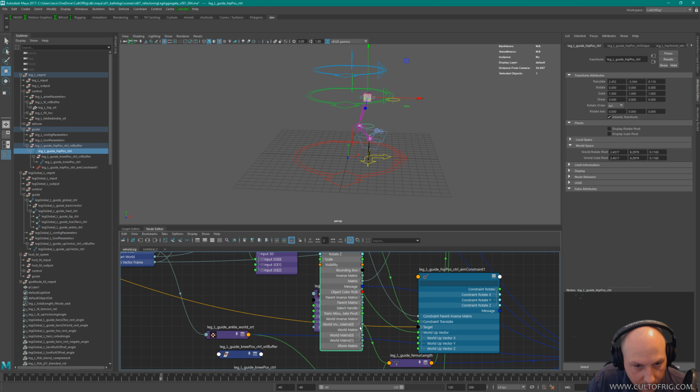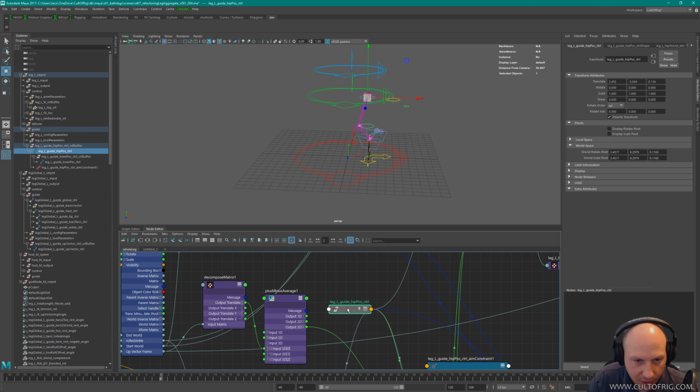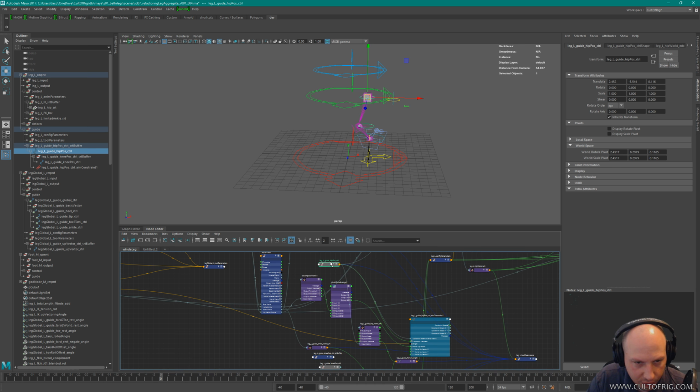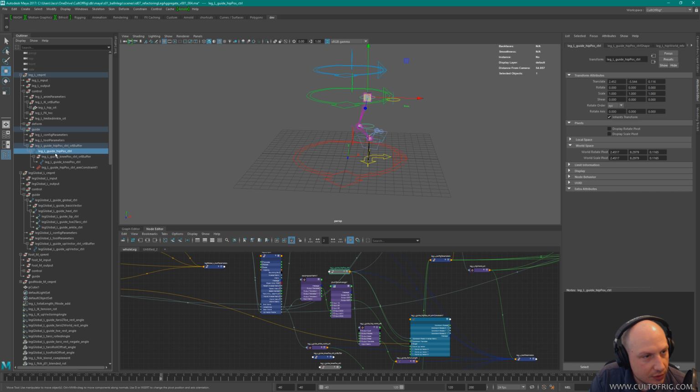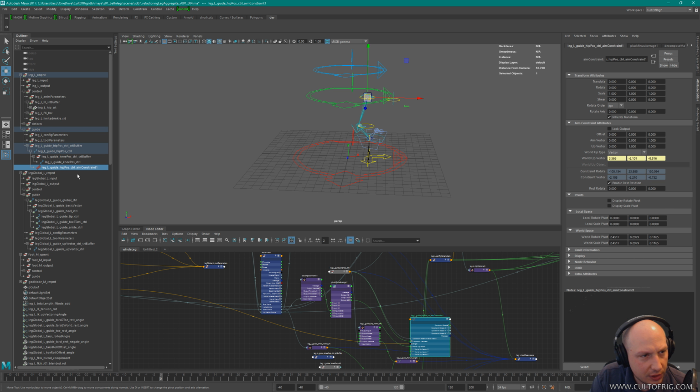So world inverse. I'm reparenting these in a way. I'm not really reparenting the object, which that would have taken care of. I'm choosing to use the constraint somewhere else. It doesn't really matter where it lives. Not that I know of, at least.